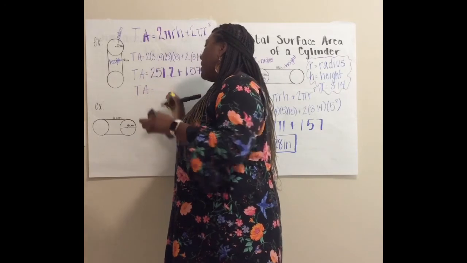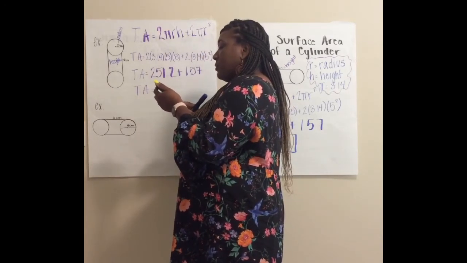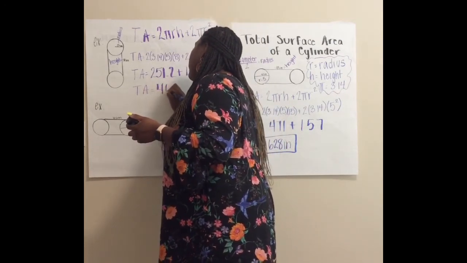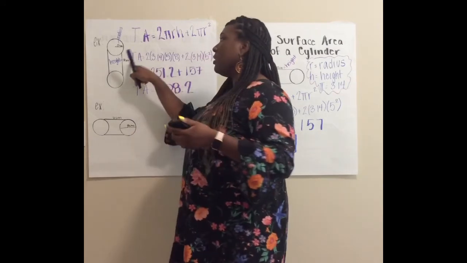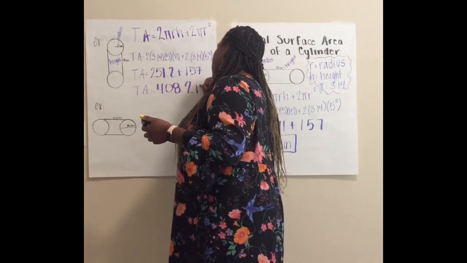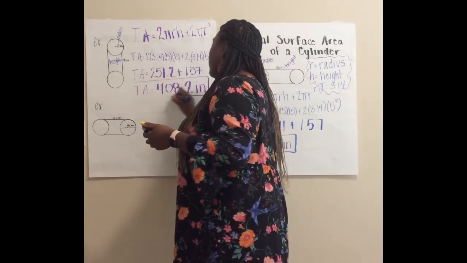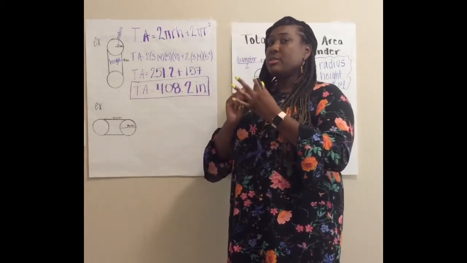When you add them all together, 157 plus 251.2, you get what? 408.2, and the units are inches. Never forget your units, guys.